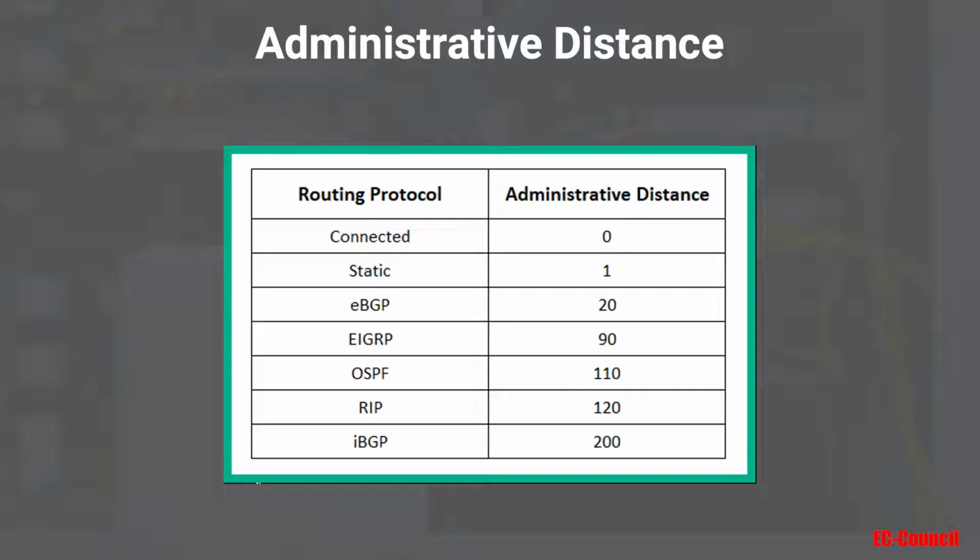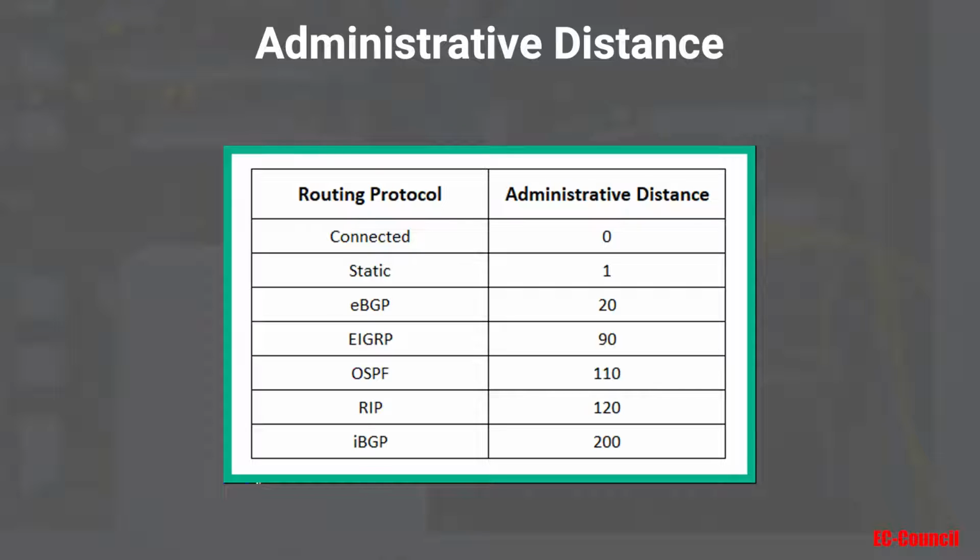There's path A and path B. If path A has an administrative distance of 1, let's put 1 in brackets, and B has an administrative distance of 5, well, the path that has the lowest administrative distance will take precedence. So therefore, because path A has an administrative distance of 1 and B has 5, the router will choose path A to forward its messages to network X.